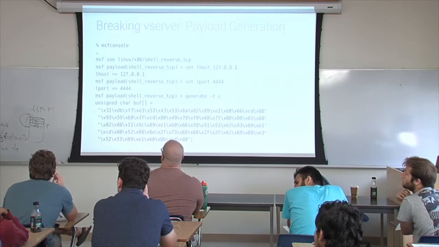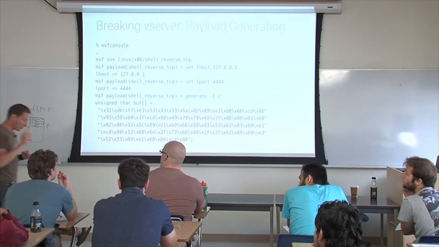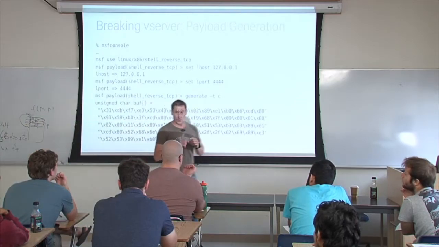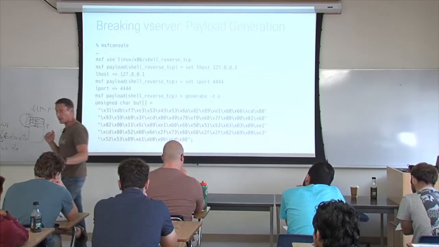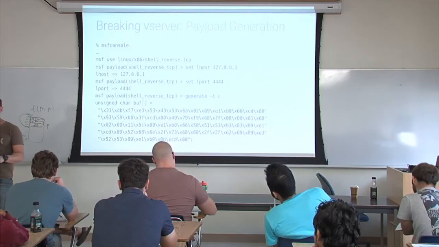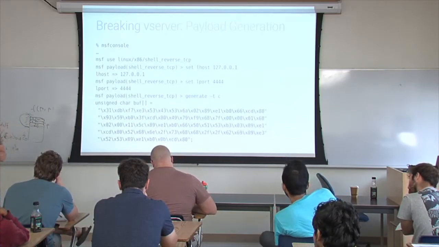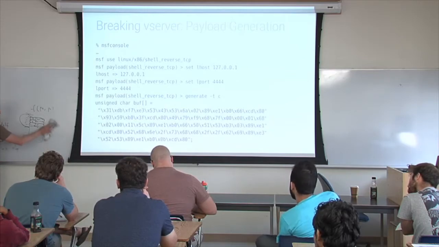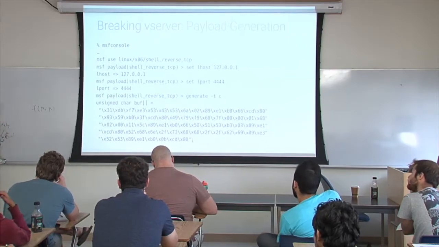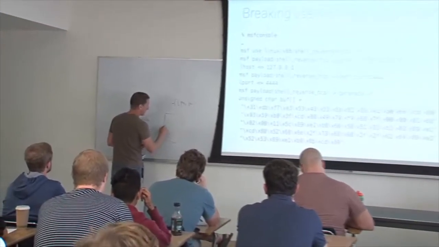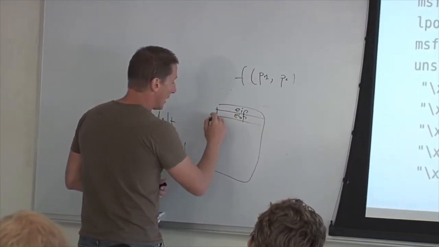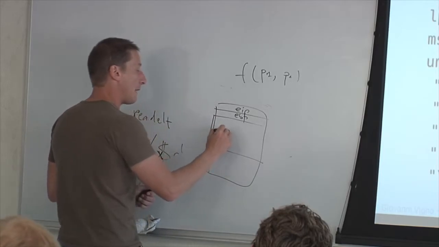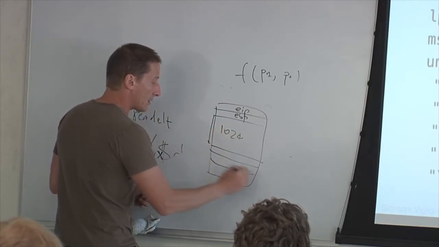Yes? How do you know how much garbage you need to pass in before you can pass in the register? Very good point. Do you remember at the very beginning we saw that the stack was adjusted by 408? If you look at the first three instructions in your debugging, the third one should be sub ESP 408. And this is because when the program starts, there is the saved EIP, then the saved EBP, and then it creates a buffer that's 1024 plus 2 integers.